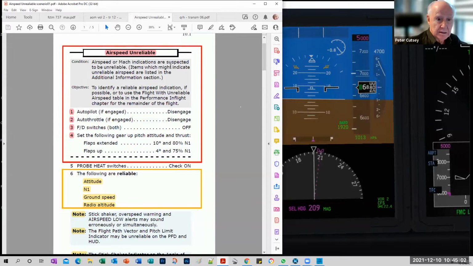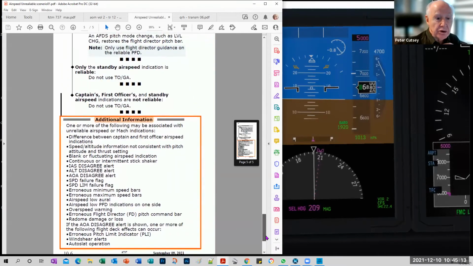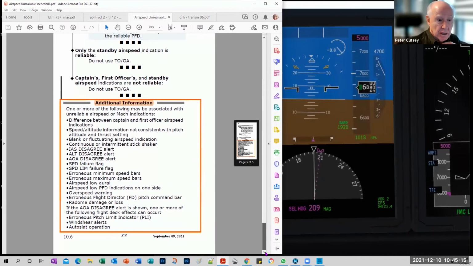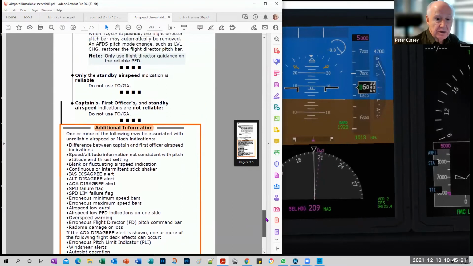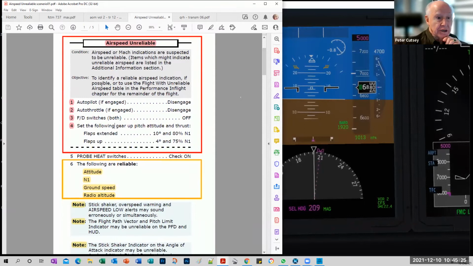Well, we saw that. Items which might indicate unreliable airspeed are listed in the additional information section. We had a look at that, and there are numerous. And we've actually experienced that today on the first officer side. We could see that. In any case, the objective is to identify a reliable airspeed indication.